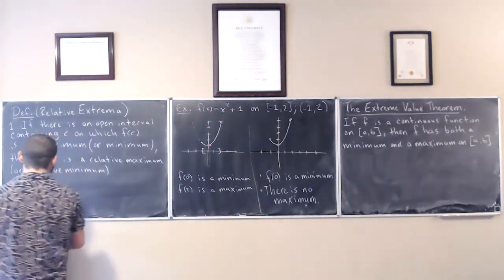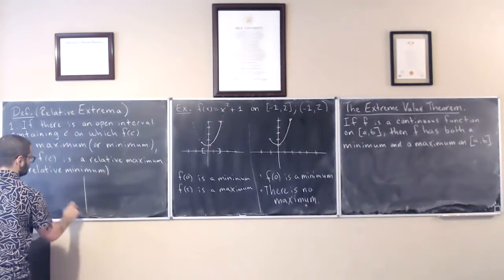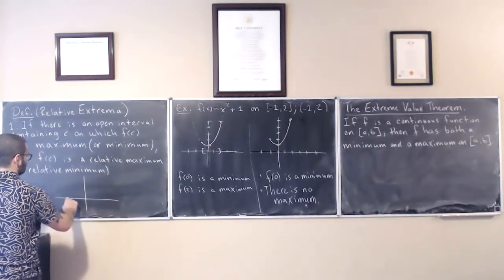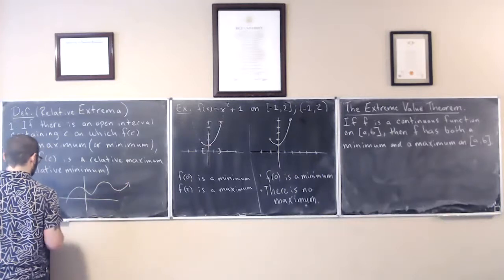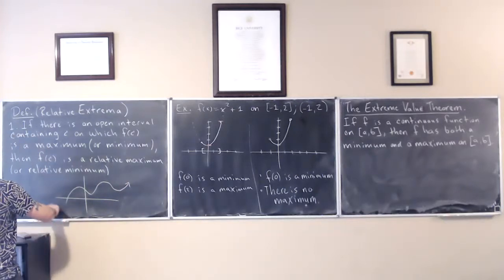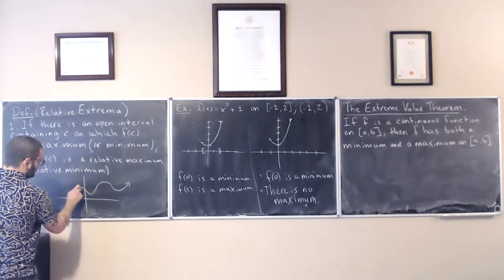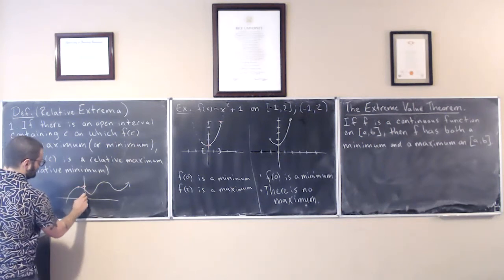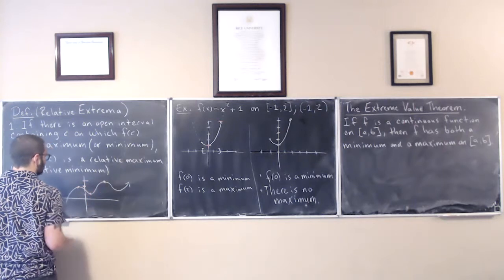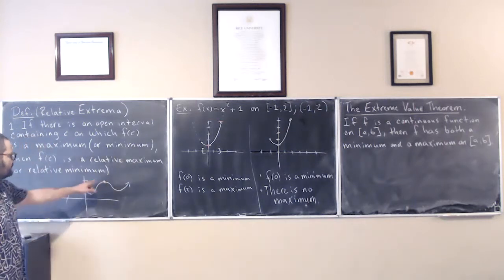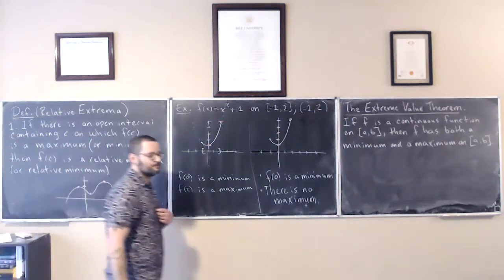So, for example, if that's our function, right, then right there, right there, right there, these values here would be relative extrema, right?